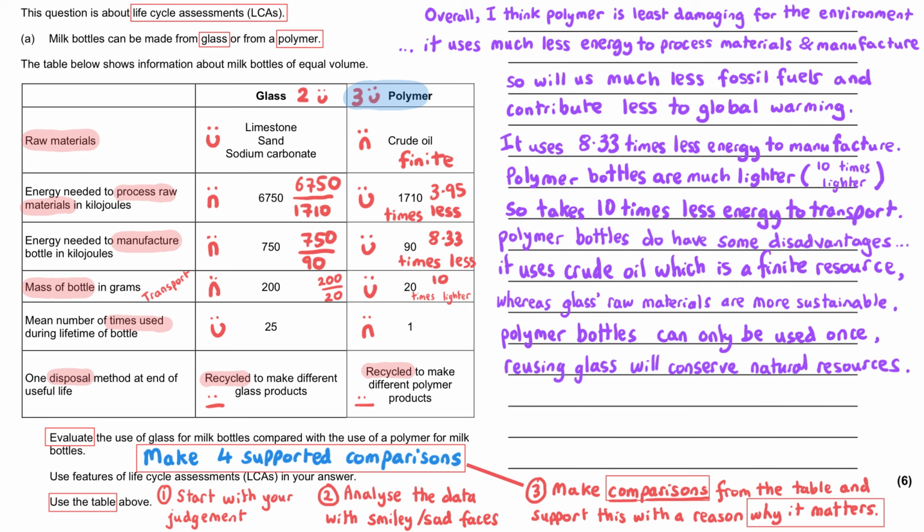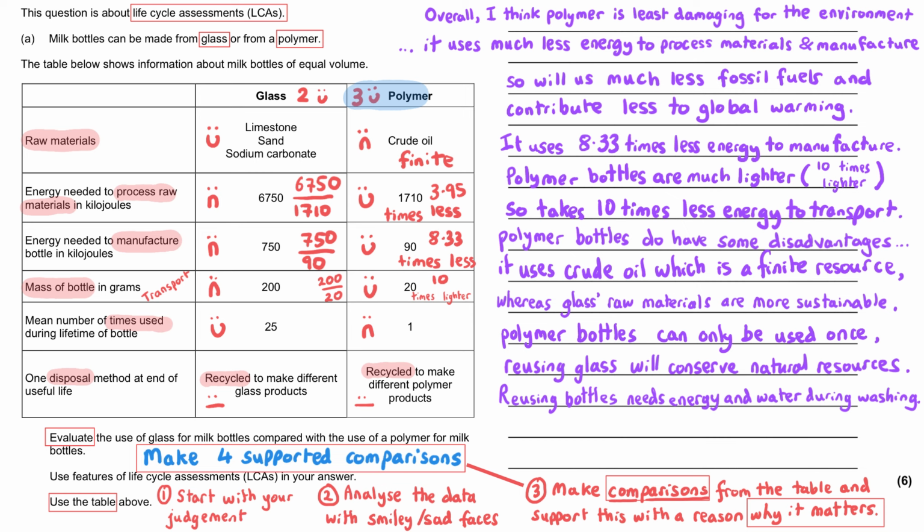And this reuse of the glass bottle is going to conserve the natural resources required to make it. And so we won't need to use so many resources because we are reusing the bottle over the course of its lifetime. Although reuse is not without its cost, it does require energy and water to wash the glass bottles ready to be used a second, third time, etc.